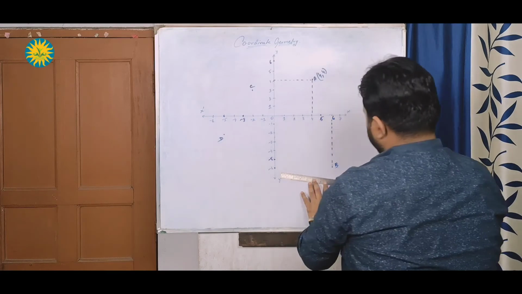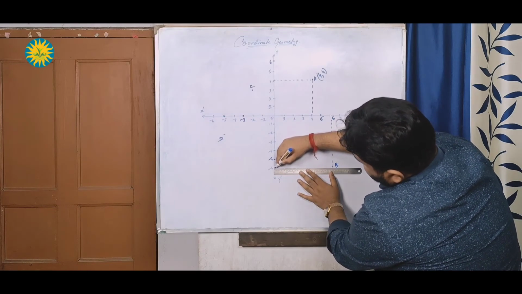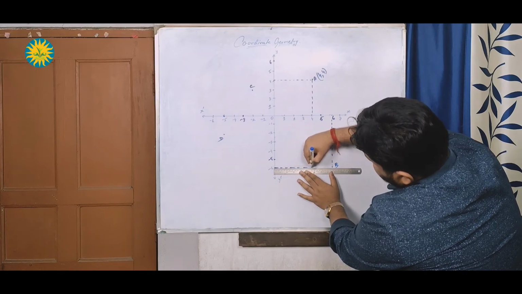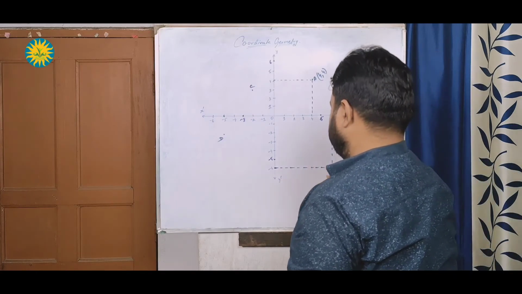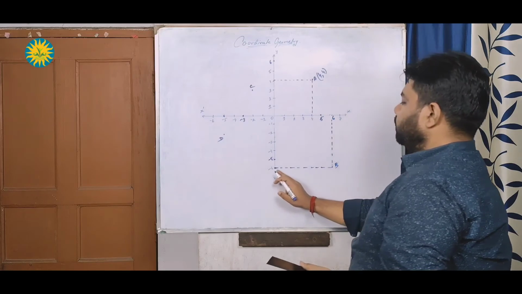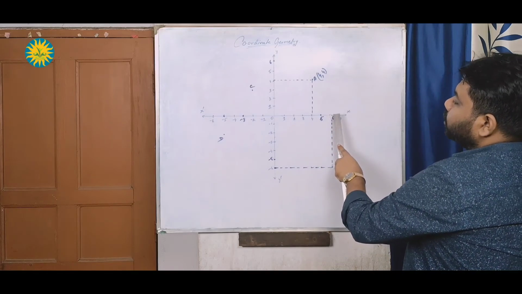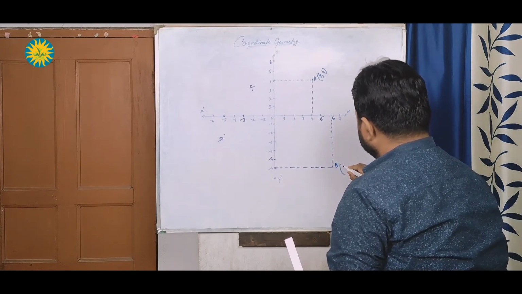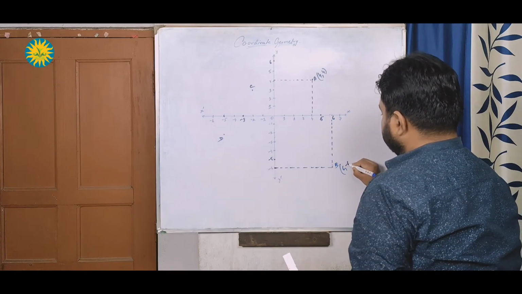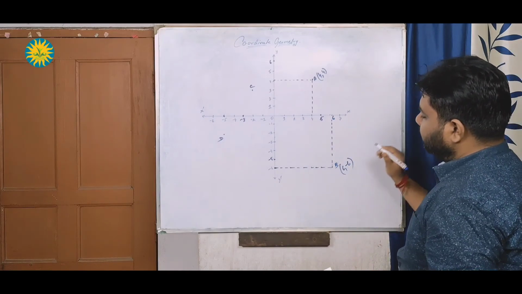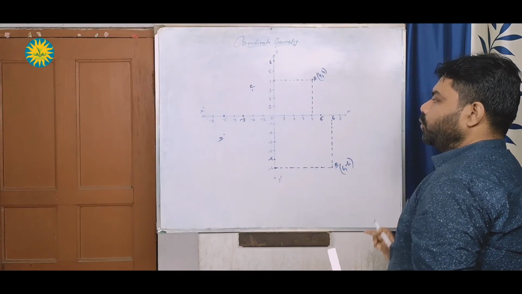Now we drop a perpendicular from point B to our y axis, and it meets the y axis at the point -6. Therefore the x coordinate of point B is 6 and the y coordinate of point B is -6. Therefore the coordinate of point B is 6, -6. That means first the point on the x axis, then the point on the y axis.